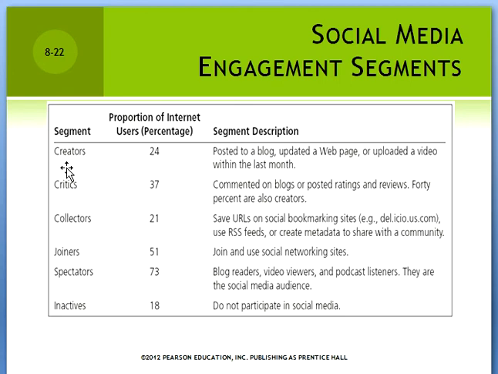I'm sorry, I should have said that the creators are the ones who are creating the content, and of course there are more who are utilizing the content. Collectors, 21%, save the URLs for social bookmarking, RSS feeds, etc. Joiners are the ones who are actually consuming the content and using the social network sites. Spectators, blog readers, viewers, these are also consumers consuming the content, and then inactives do not participate in social media.